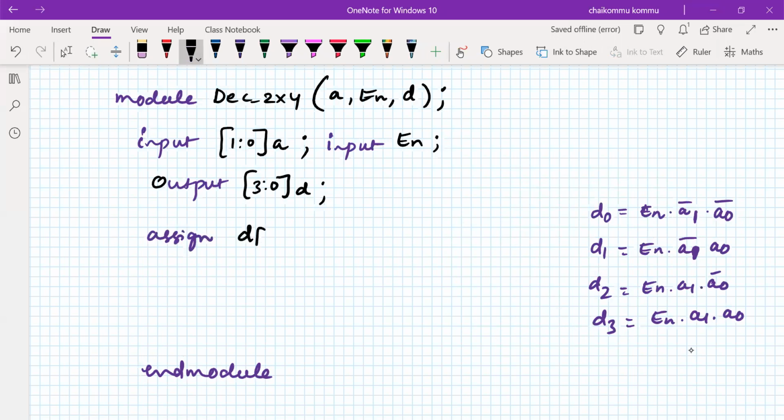D of 0, what is this? D of 0 is nothing but enable and A of 1. A of 1 complement is required, right? So sometimes it's difficult for the lower circuitry, but it's good for other circuits.